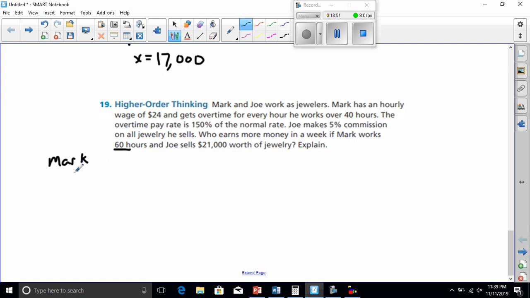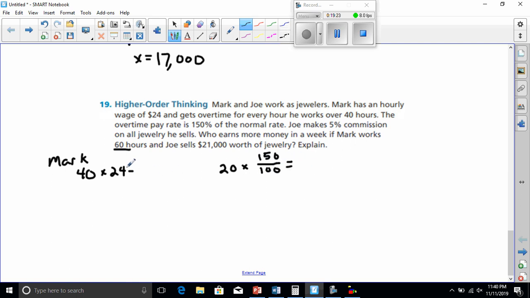So we're going to initially have 40 times 24 to establish how much he got for the first 40 hours. Now the other 20 hours, because 60 minus 40 is 20, is going to be at 150%. And then we're going to have to add these two things up.